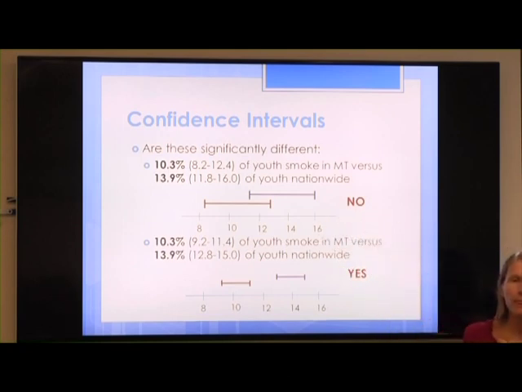Oh, I was just saying like 8.2 to 12.4, that isn't 5%. Right. The 95% confidence interval is just saying that 95% of the time it will contain the true estimate.